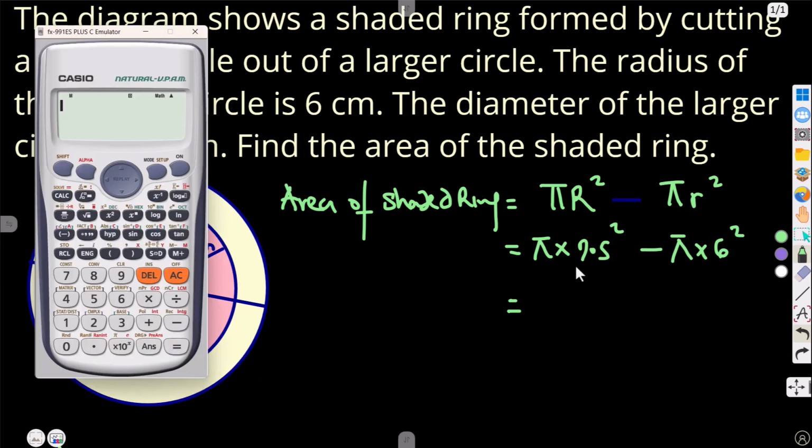To help me, I'm going to get my calculator. First I'm going to do pi times 7.5 squared, and when I do that, I will get 176.71.